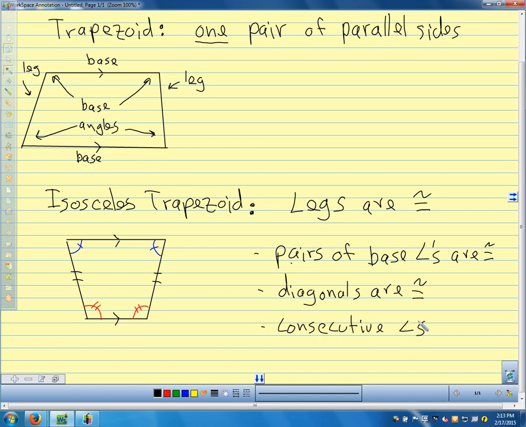And consecutive angles on a leg, consecutive means what? Next to each other in a row. So consecutive angles on a leg are supplementary.